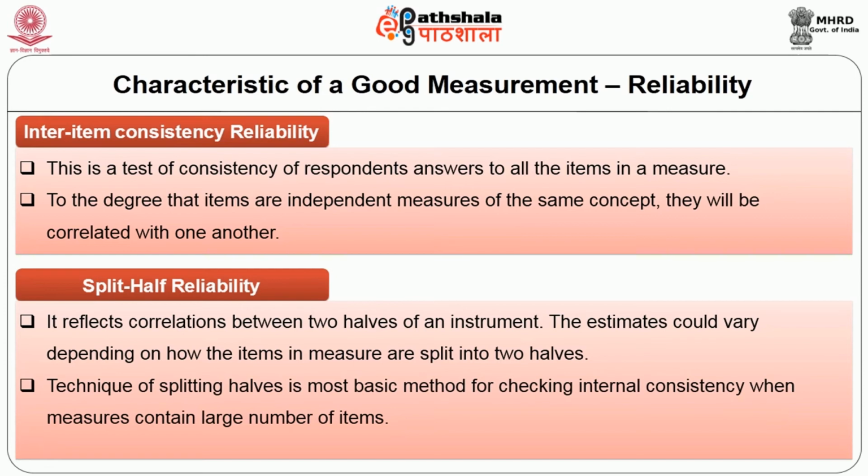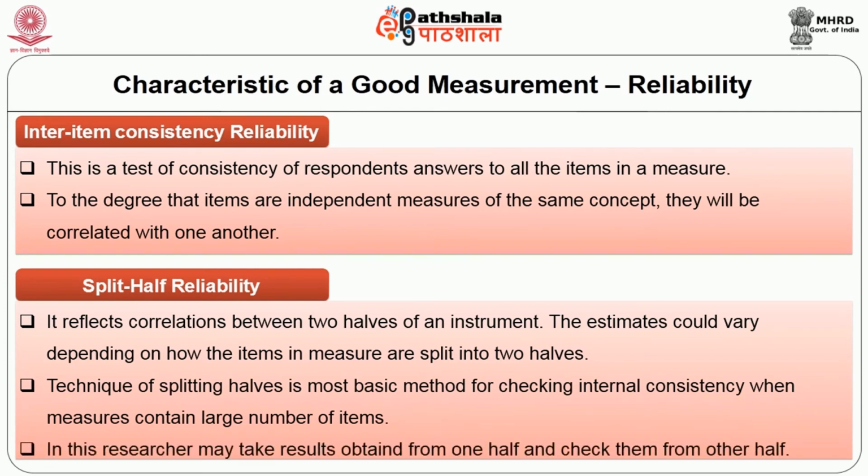In the split half method, the researcher may take the results obtained from one half of the scale items, for example odd numbered items, and check them against the results for the other half of the items, for example the even numbered items. A high correlation tells us there is similarity or homogeneity among its items.